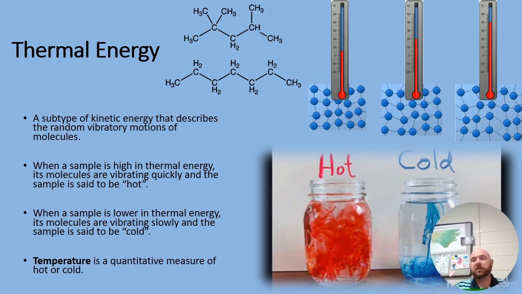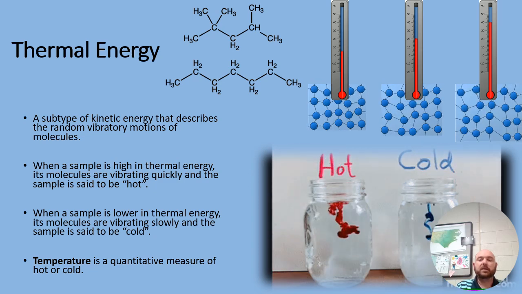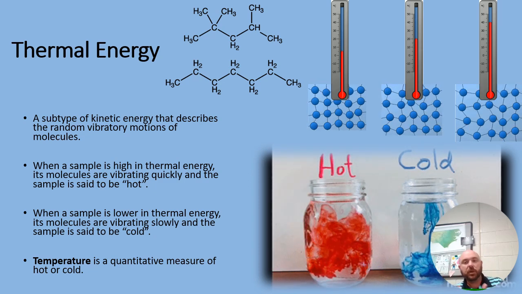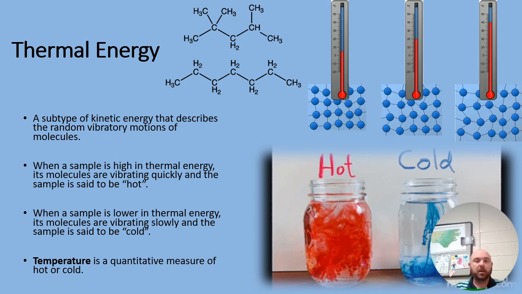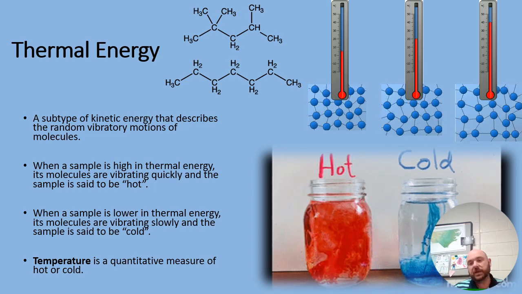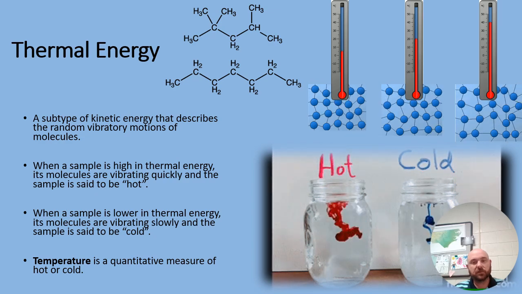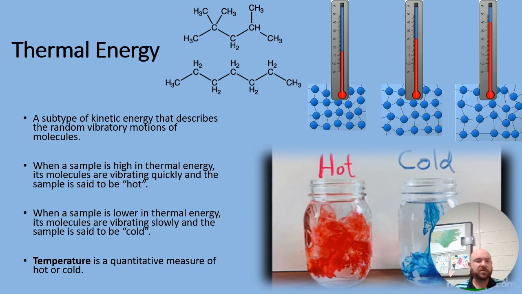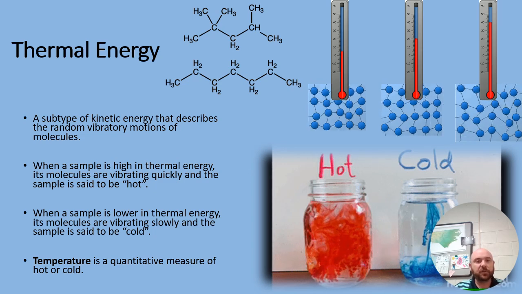When we say something feels hot, that means that its molecules and or atoms are shaking and moving really quickly. When we say something is cold, that generally means that those molecules and atoms don't have as much thermal energy. They don't have as much vibration or shaking action to them.